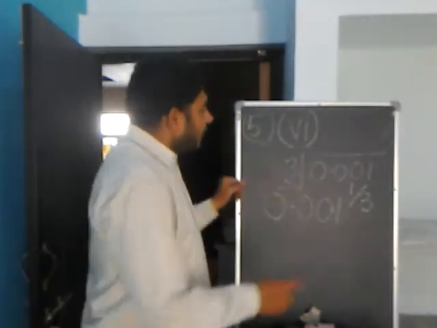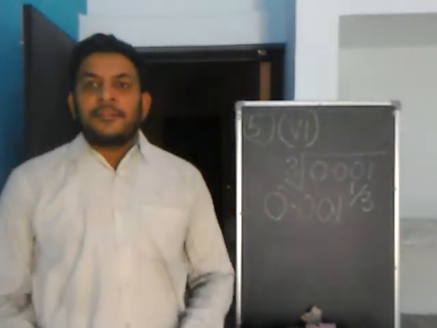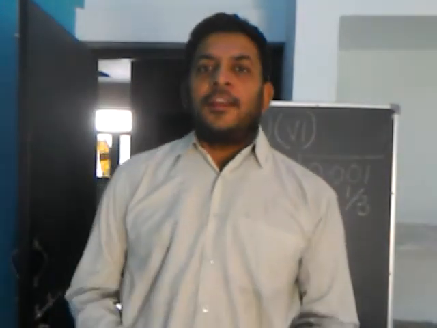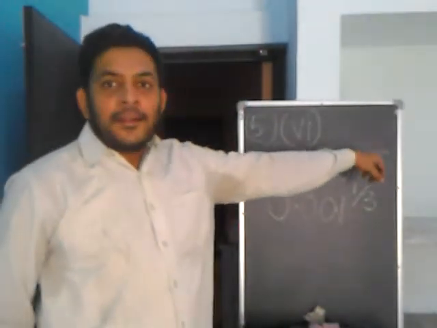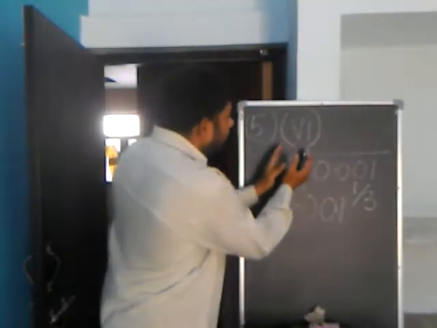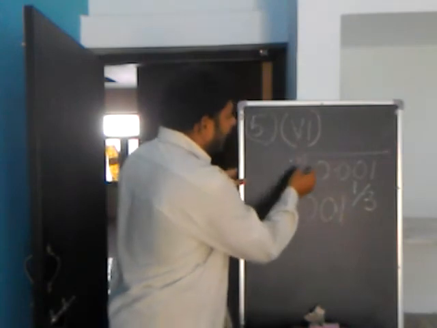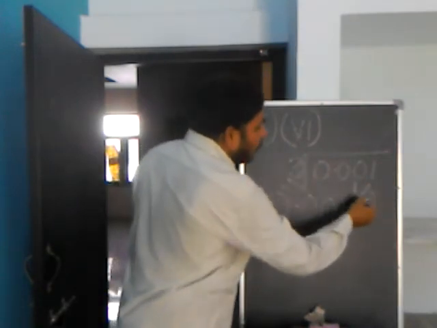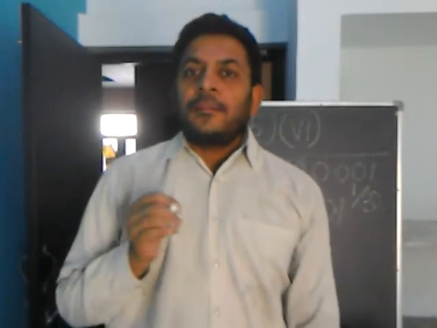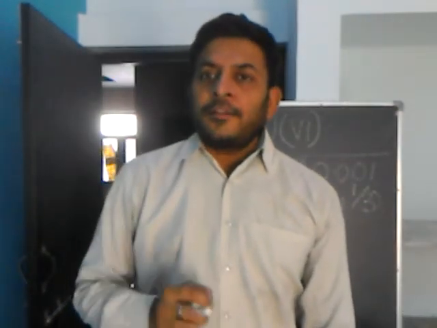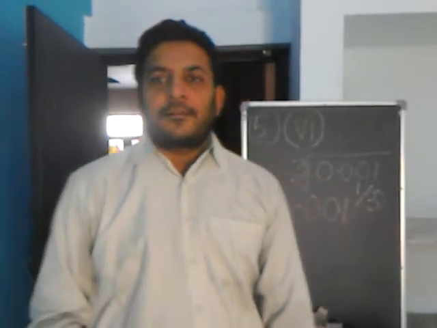So keep in mind, if there is a square root sign, and outside of it there is any number like this, that number will go in the denominator in the power.